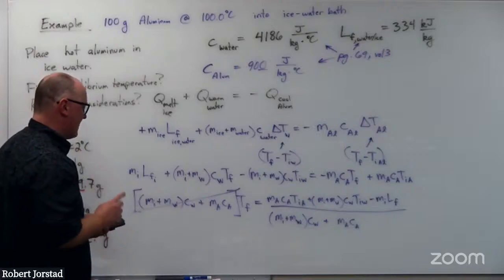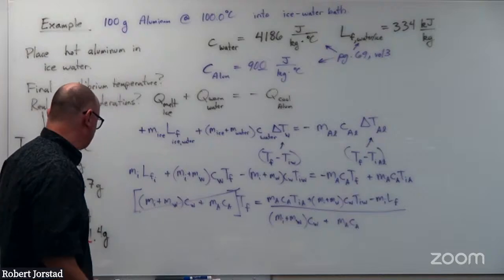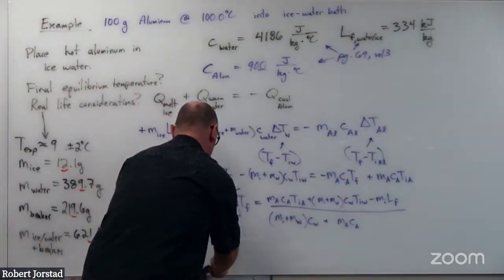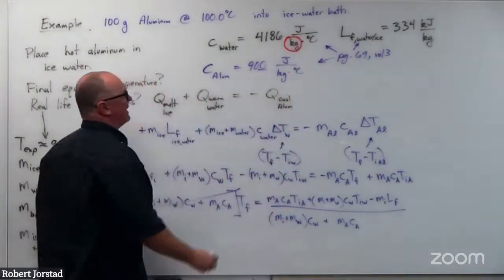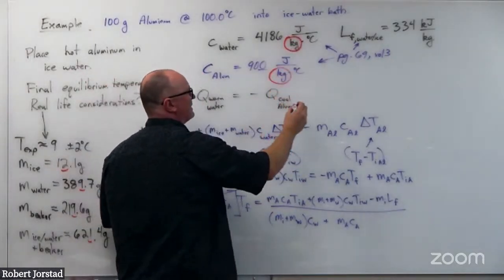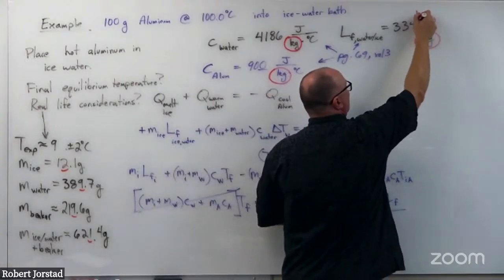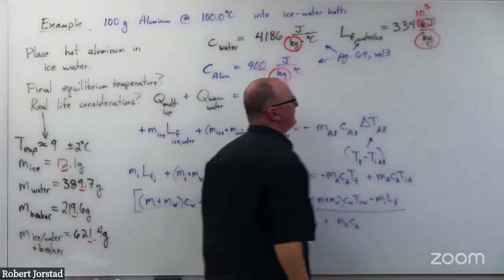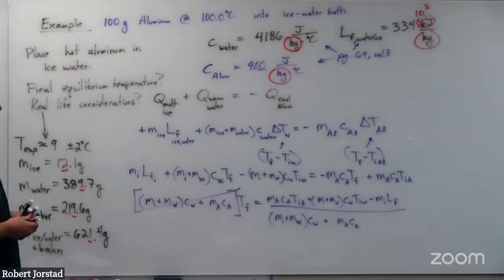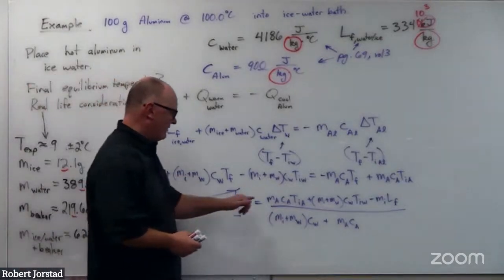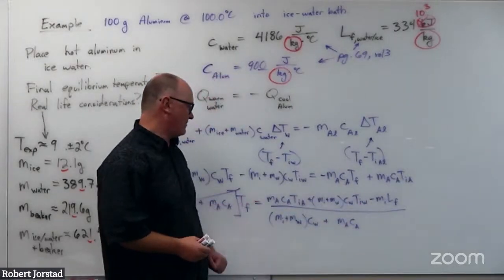Okay, so mass of the aluminum was 100 grams. Oh, crap! Look at this. Look at the units. Kilograms. Kilograms. And look at this one. Kilograms and kilojoules. I'm going to put a 10 to the 3 up there to get rid of that. However, look at this. If I use all the masses in grams, the units should drop out.